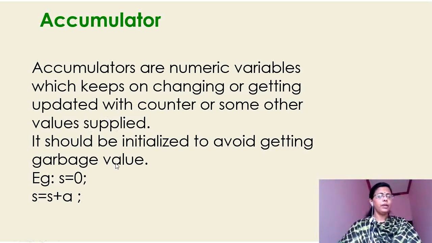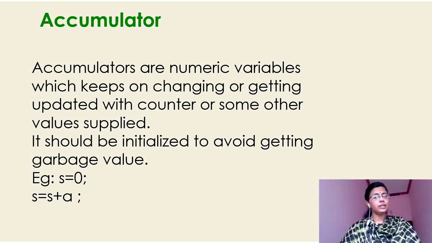For example, if I say S is equivalent to 0 and then S is equivalent to S plus A, the value of S keeps on changing whenever A is added to it. Earlier in the case of a counter, what did you see? C is equivalent to C plus 1. It kept on adding to itself. That was a counter. But here in an accumulator, the value changes when some other variable is added onto it.